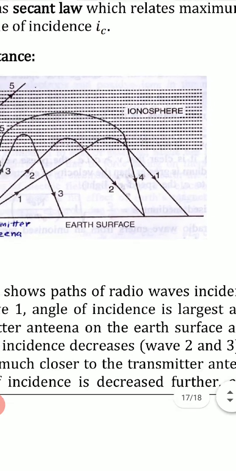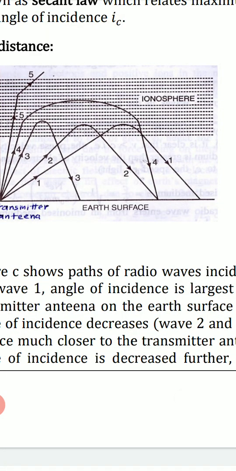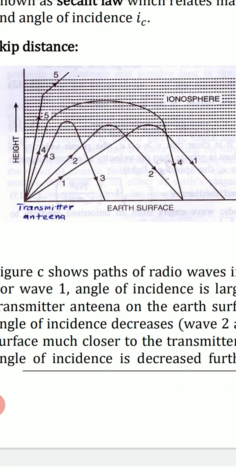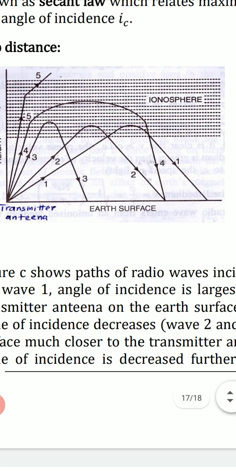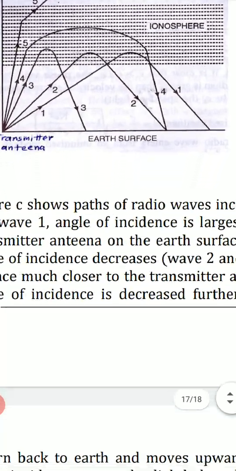Look at where this wave 1 reaches the Earth's surface. It reaches at a large distance from the transmitter antenna on Earth's surface after the reflection from the ionosphere.